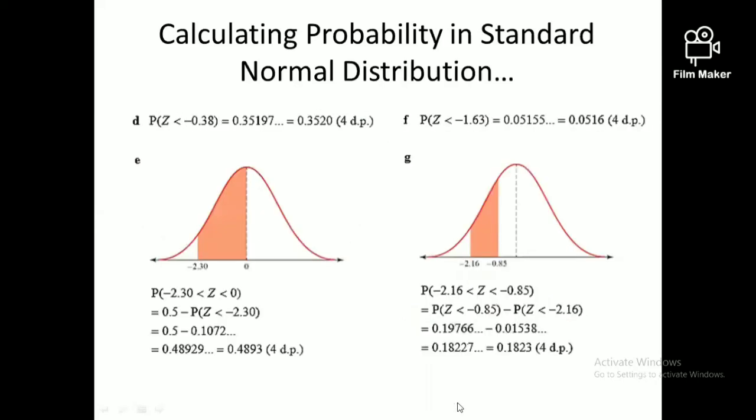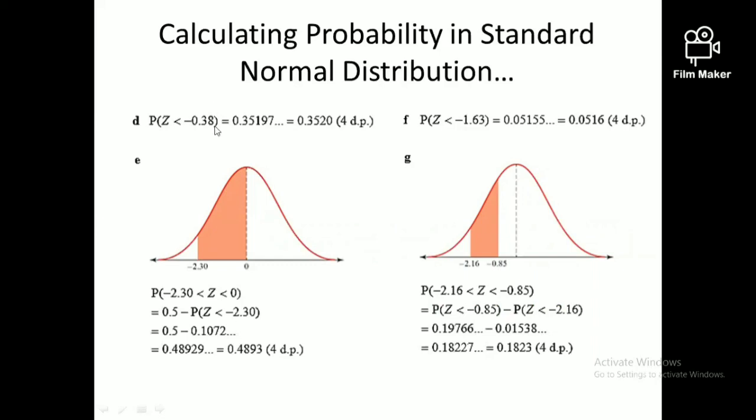Right. The next case is we need to find the probability of Z is less than minus 0.38. It's minus 0.38, so you cannot get it straightforward. You can make it into the positive region, that is probability of Z is greater than 0.38.